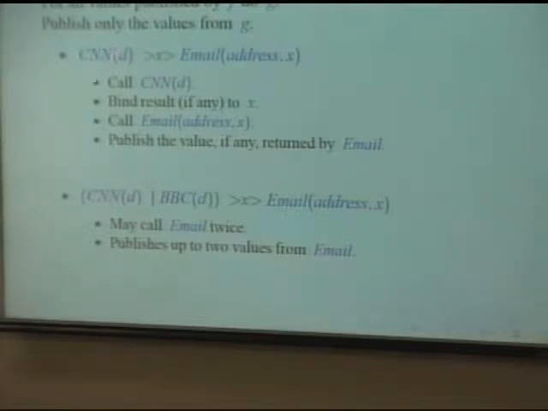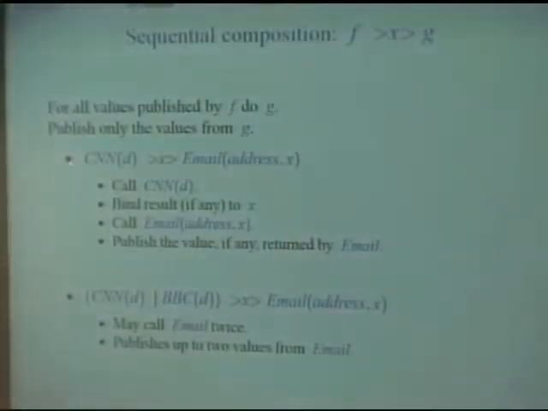So what does that mean? When I take this expression, this is a very simple one. It calls CNN, and when it receives a response from that, it binds that value to x, and it calls this service. This is an email service. Let's assume that email sends a mail to this particular address, which is available elsewhere, and with that argument.